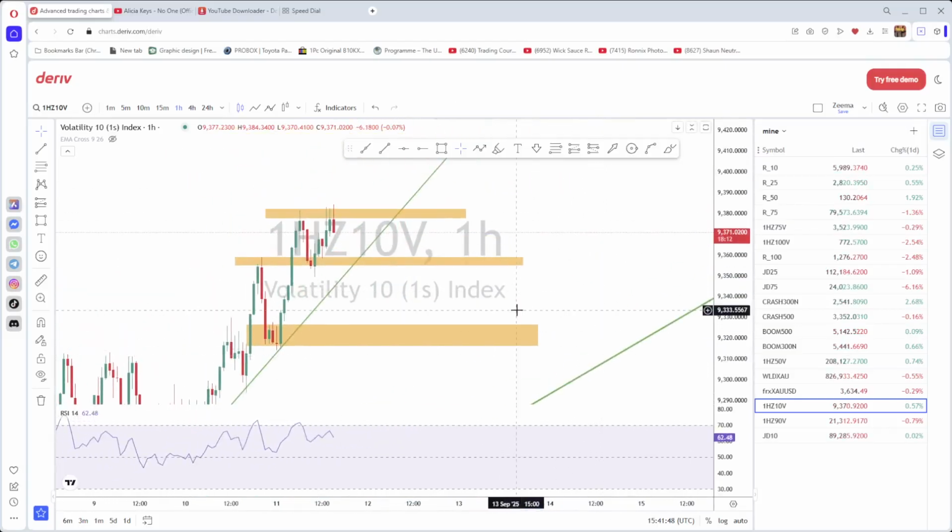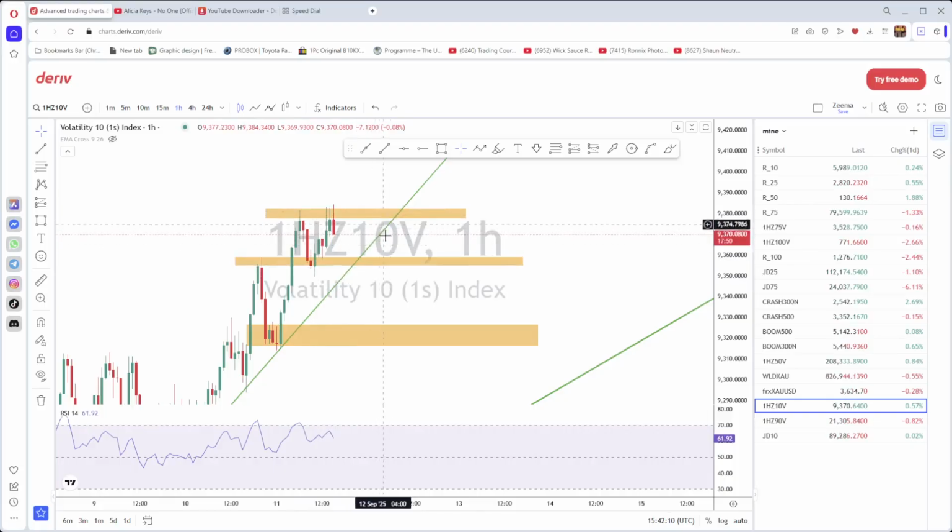My entries are normally from the 15 minutes, sometimes the 5 minute, where price is currently having some issue breaking this level, so price is literally stalling. Retest, ICC already played out here.